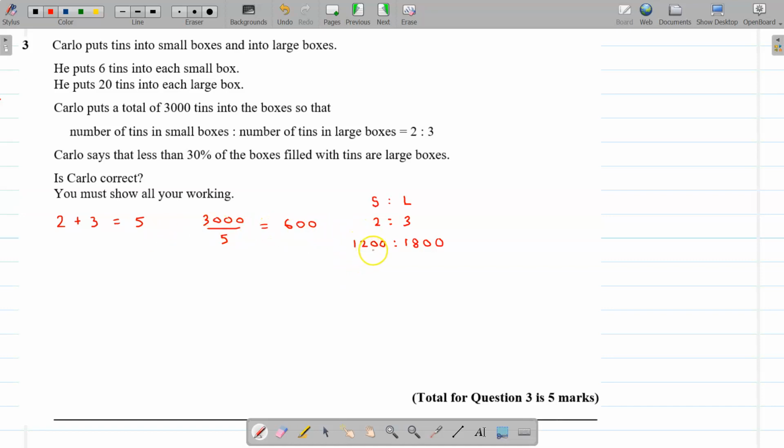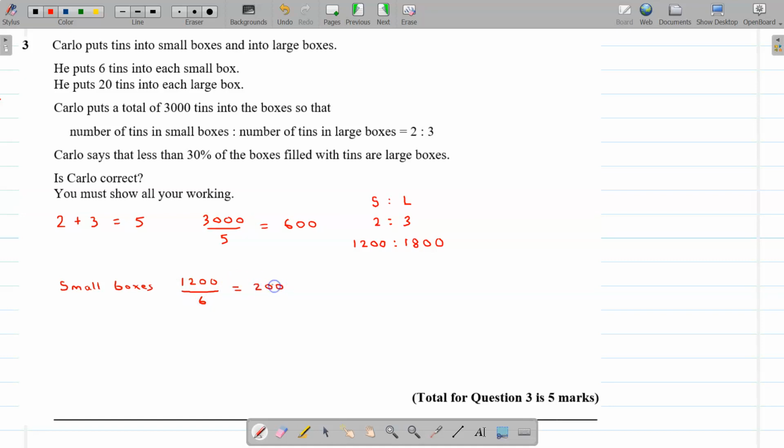Now, there's 1,200 tins in small boxes, and each small box contains 6 tins, so the number of small boxes is going to be the number of tins in small boxes divided by 6, because you get 6 tins in each one, which is 200.